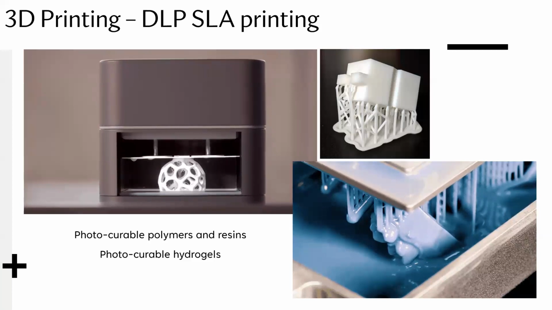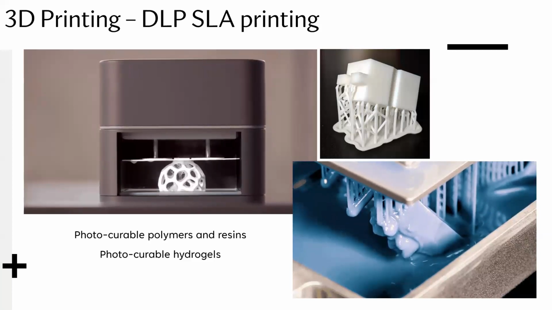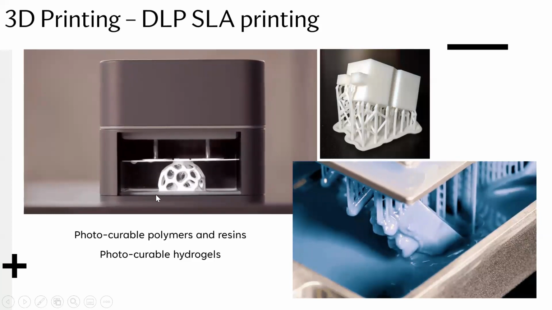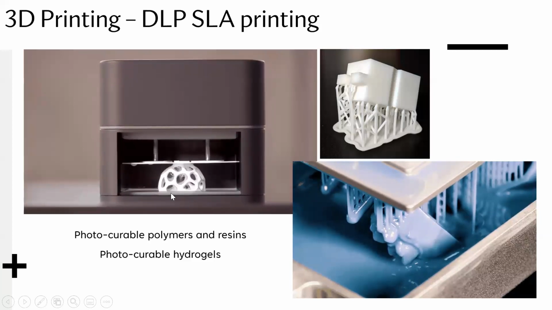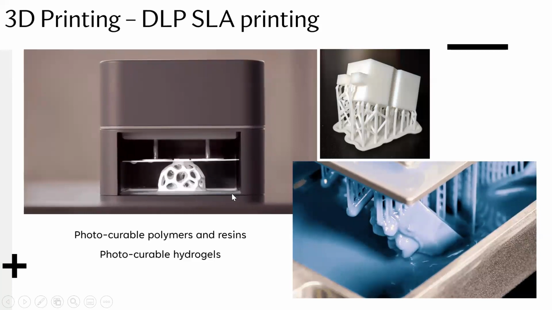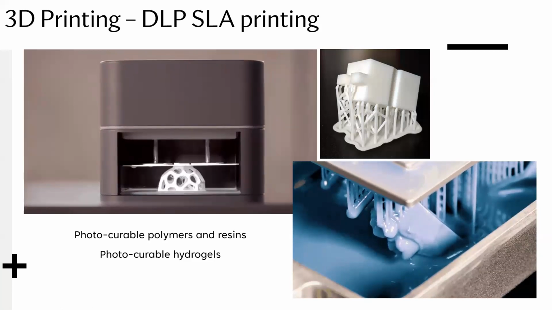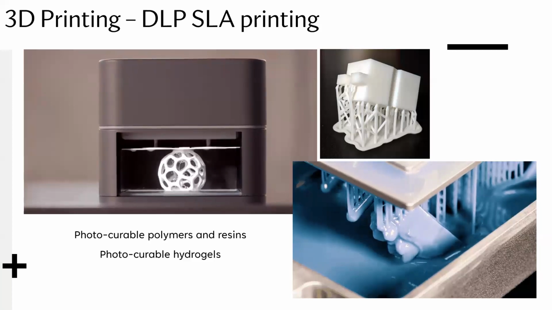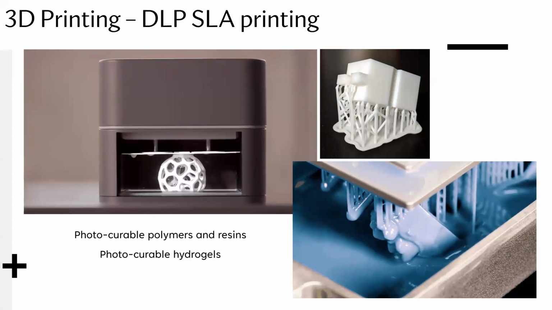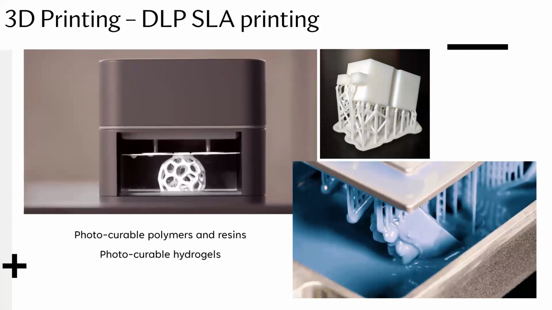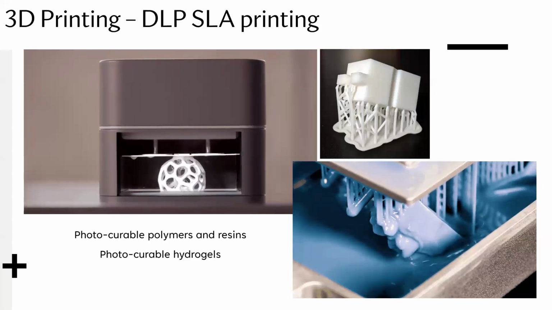So the problem with this is that as you expose the material, as it solidifies it is going to stick to your bottom window, because as it cures, it actually cures onto the glass. So you have to figure out a way to peel it off.